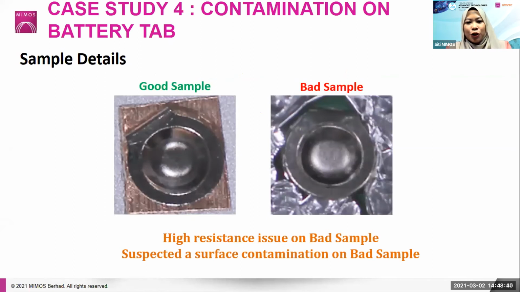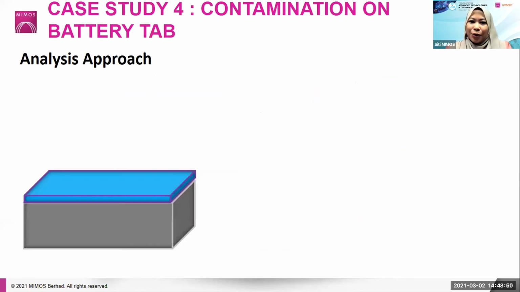Based on the visual inspection, there is no discoloration observed on the bad sample, indicating that the contaminants could be very thin. Now, which one is the best analysis approach in order for us to analyze this contaminant? So look at this example here. We have the first option, which is EDS.